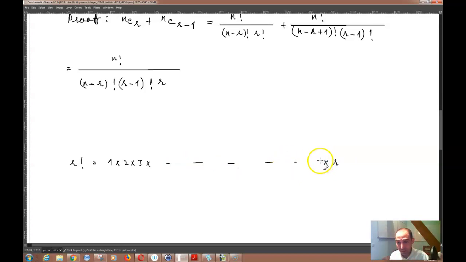And I can write this as r times r minus 1 times r minus 2 times r minus 3, and so on.